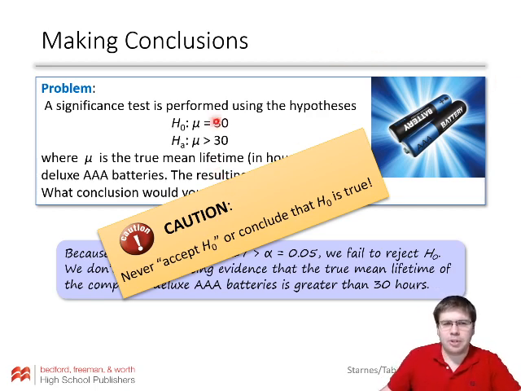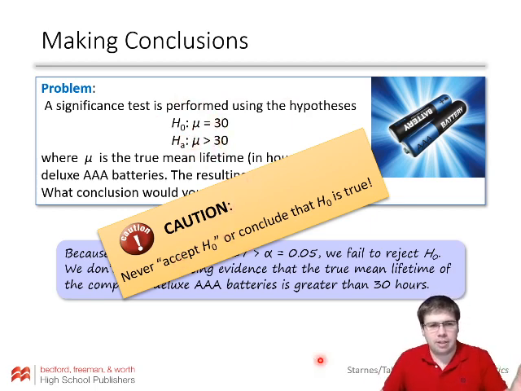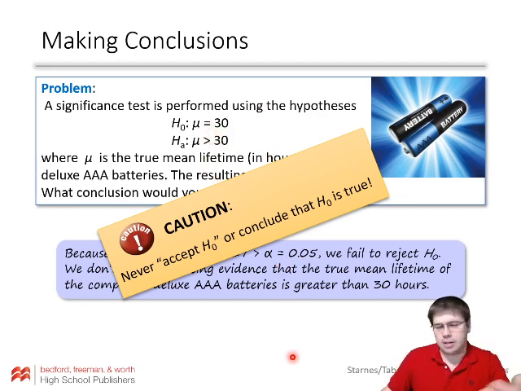So we'll never accept the null. We're only ever going to be able to accept the alternative. If we get some other result, basically we just go on saying, yeah, that's plausibly sampling variability, but maybe not, right? The 33.93 is higher than 30, but it just wasn't enough to be convinced, because it's not a result that's so unlikely it couldn't just be chance. So we never accept the null hypothesis.